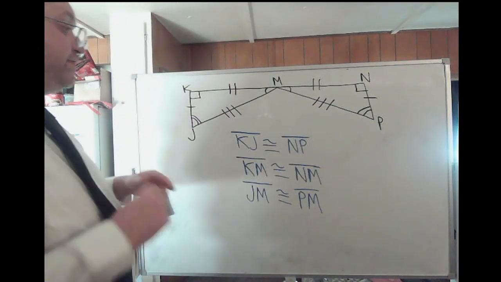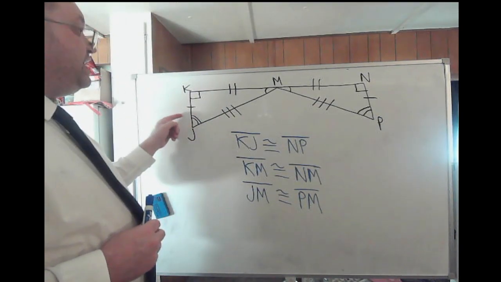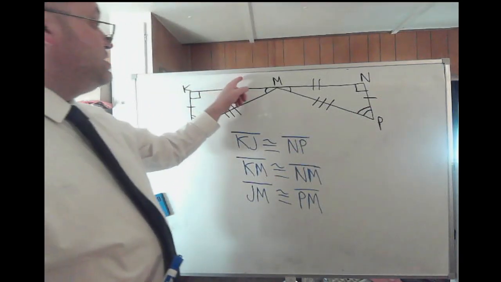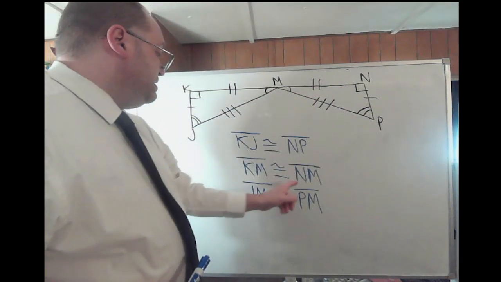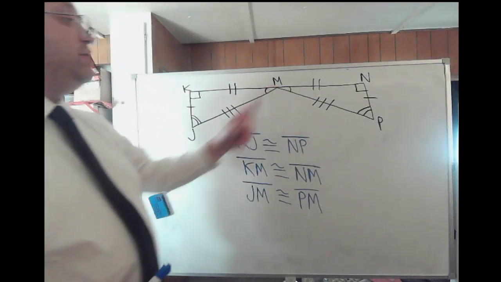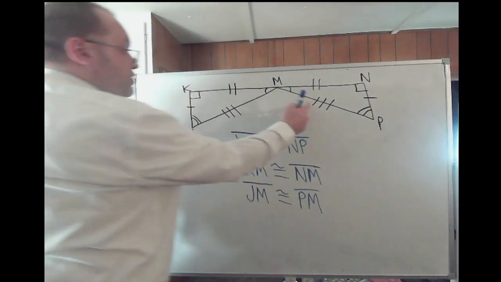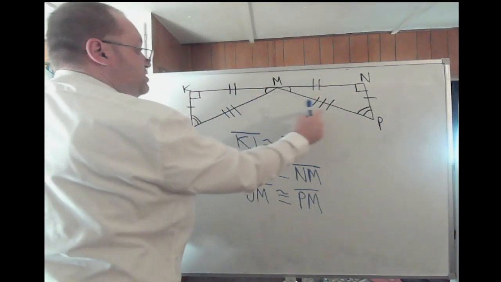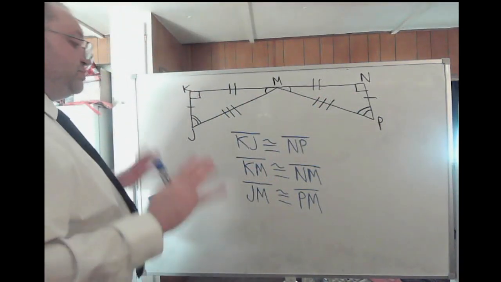So far for congruent sides, we got KJ congruent to NP. We have KM congruent to NM. And then we have JM congruent to PM right here. Just follow the tick marks. You'll see 1 corresponds to 1, 2 corresponds to 2, 3 corresponds to 3. So we got the sides.